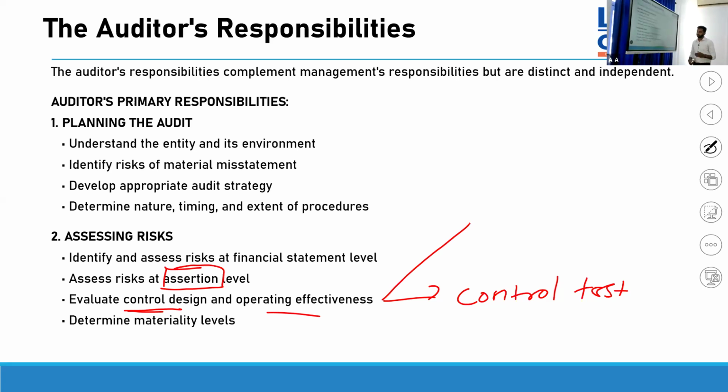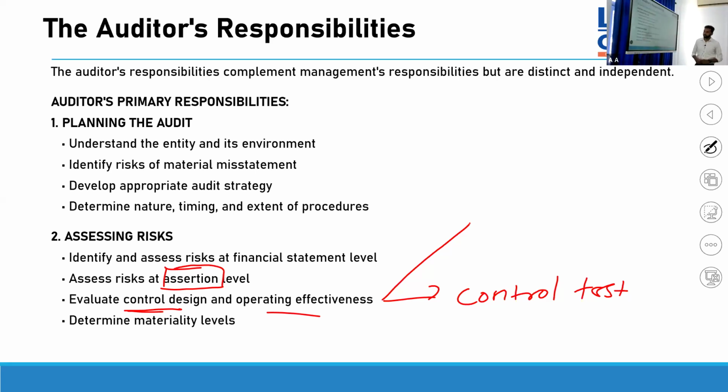If the controls are weak, then we change our audit procedure accordingly. If it is weak, then we do more audit procedures. If the controls are effective, then we do some simple procedures, right?